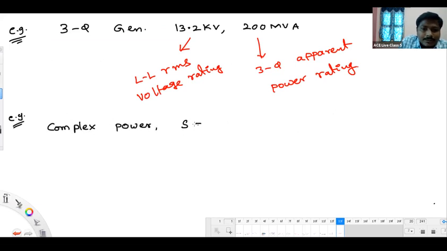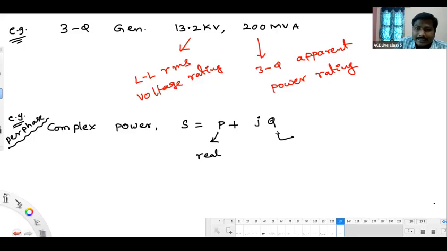I'm saying this in the per phase manner, per phase analysis. Complex power you can write as P plus jQ. P is the real power, and Q is the reactive power. P plus jQ, that's the complex power.